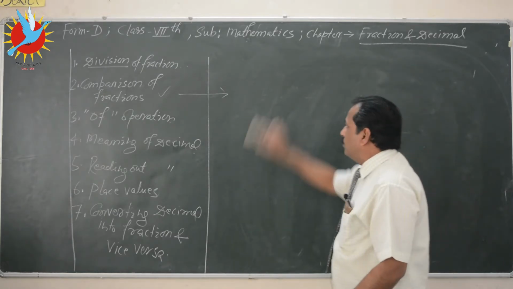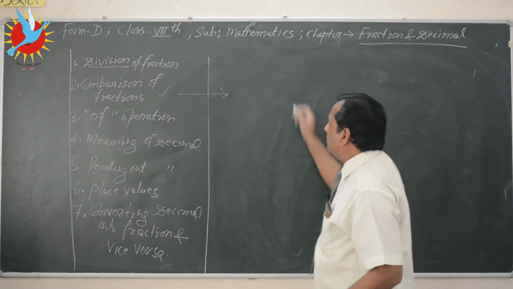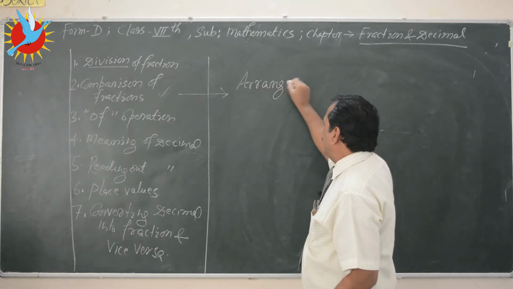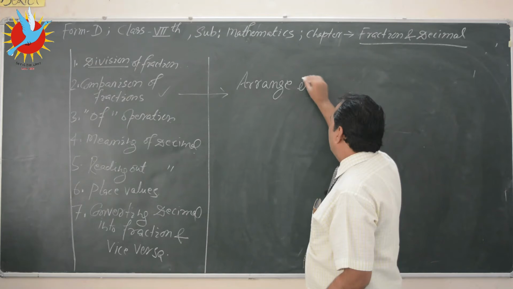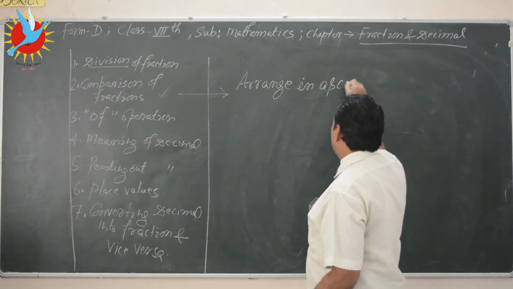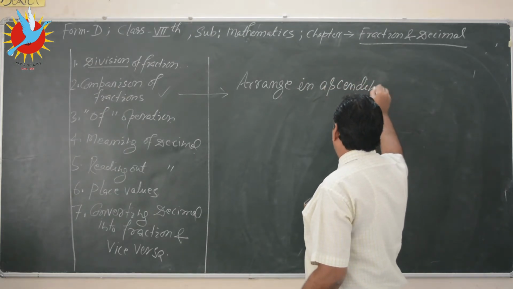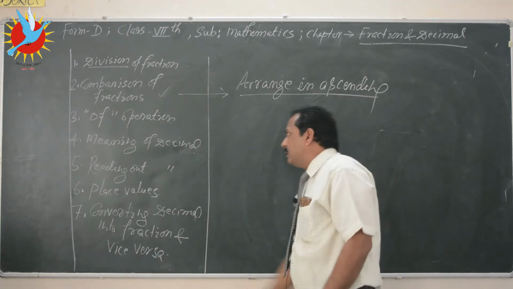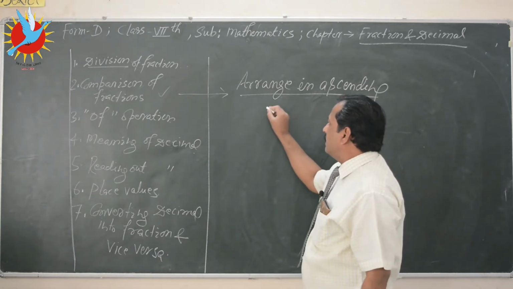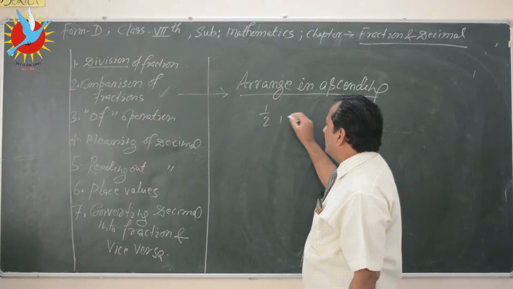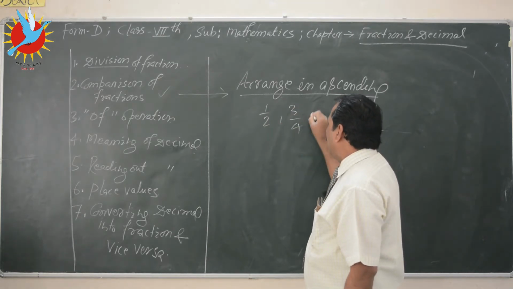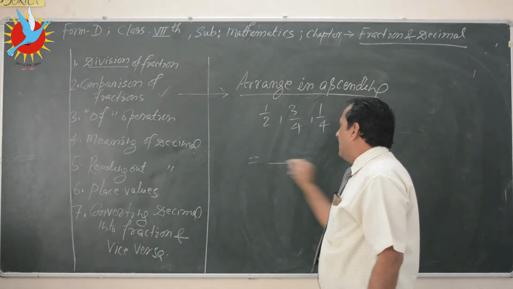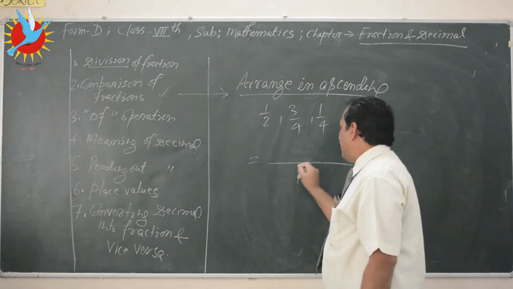If you have to arrange in ascending or descending order, ascending order means you have to identify which one is greater and which one is smaller. So let us say this is 1 by 2, this is 3 by 4 and 1 by 4. There are 3 fractions. Take the LCM. The LCM of 2, 4, 4 is 4.